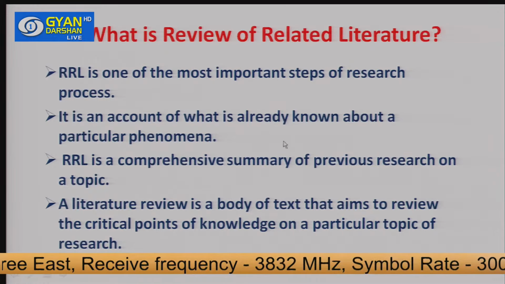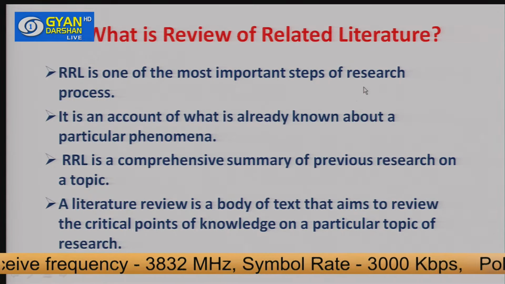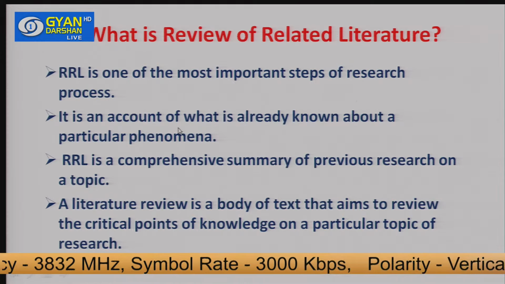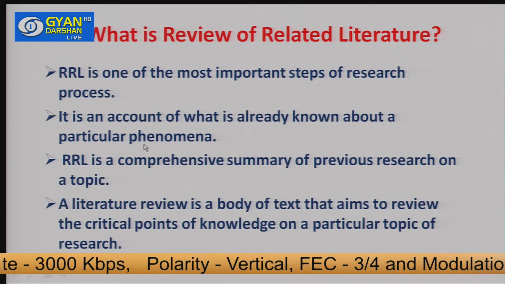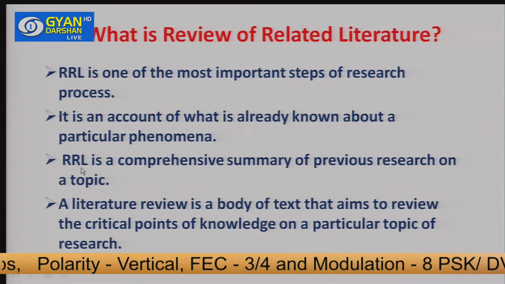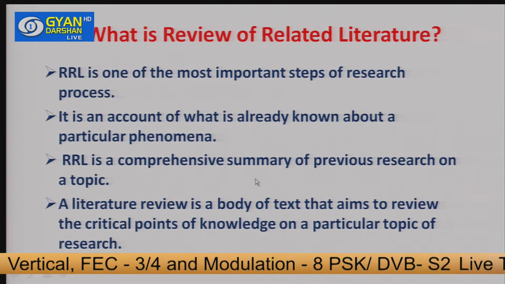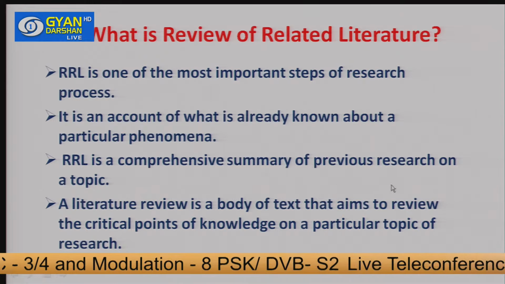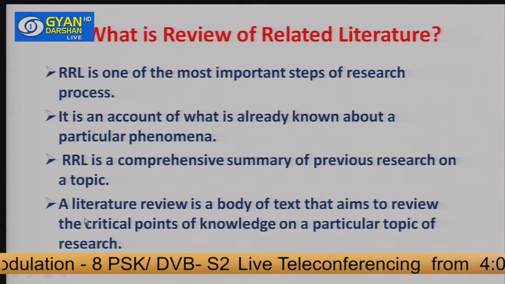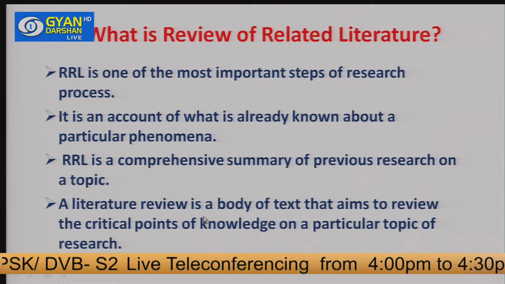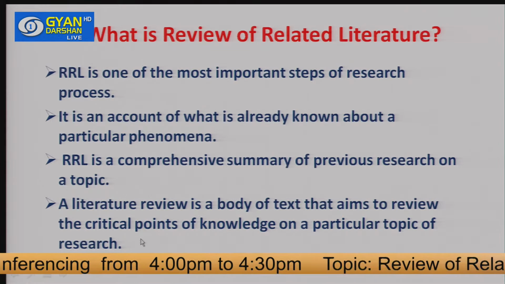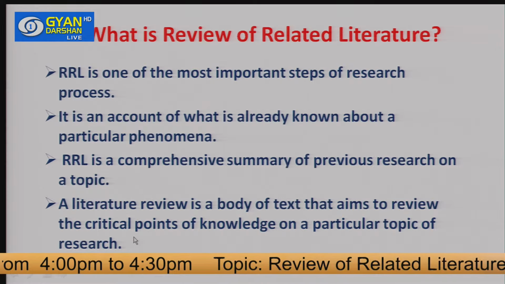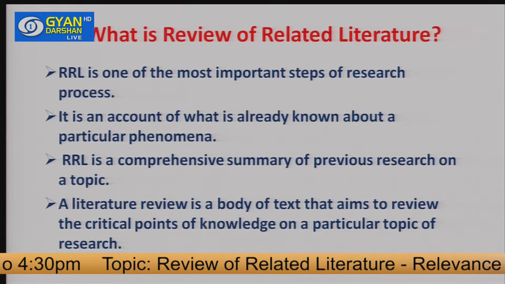Review of related literature is one of the most important steps of the research process. It is an account of what is already known about a particular phenomenon. Review of related literature is a comprehensive summary of previous research on a topic, and it is also a literature review, a body of text that aims to review the critical points of knowledge on a particular topic of the research.